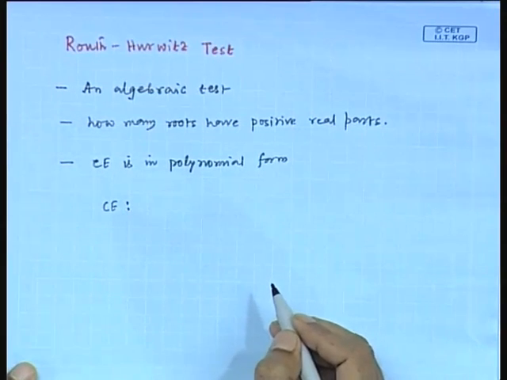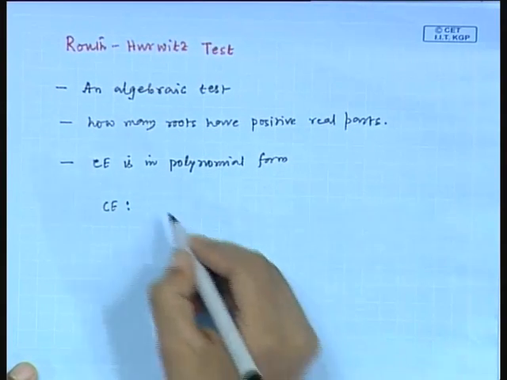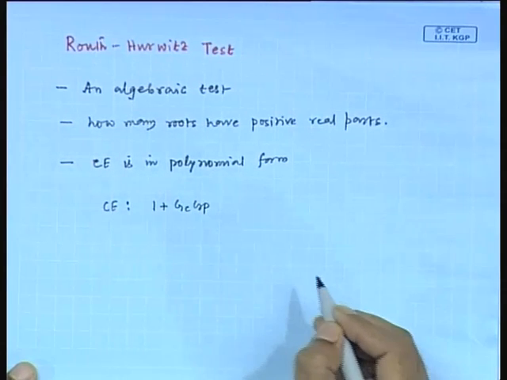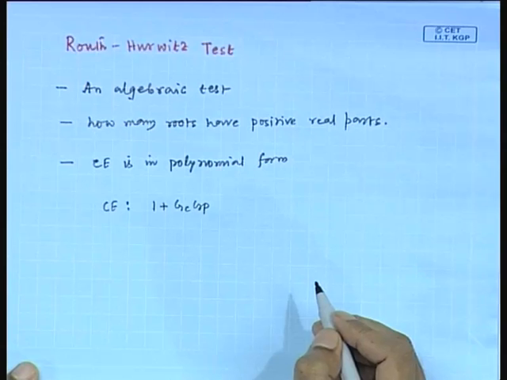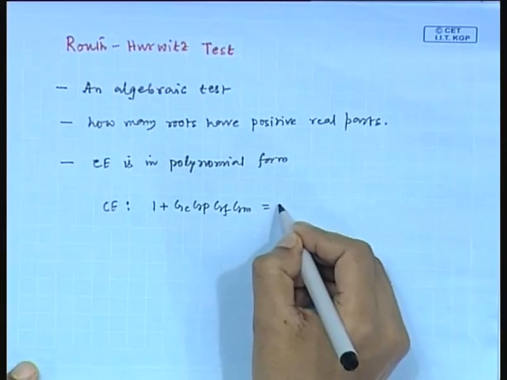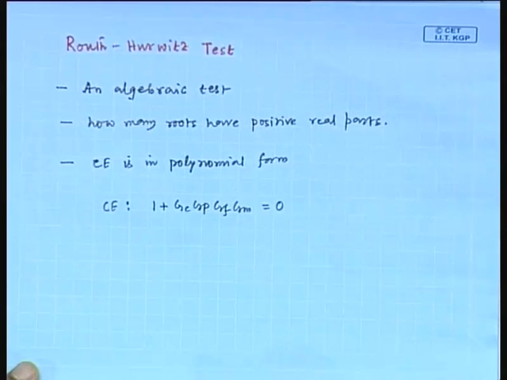We discussed the characteristics equation that it has this form: 1 plus Gc Gp Gf Gm equals 0.